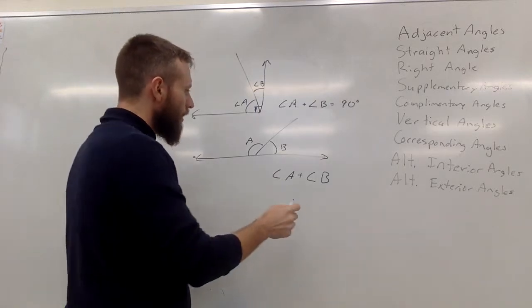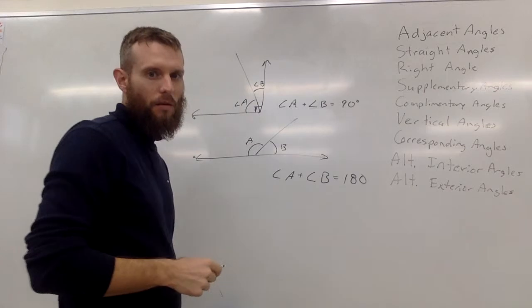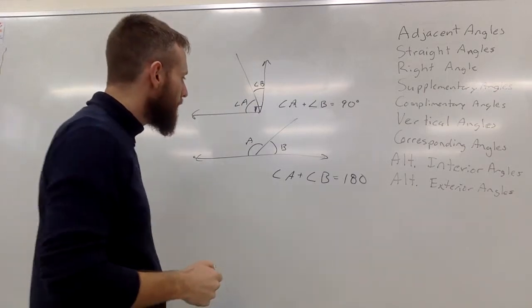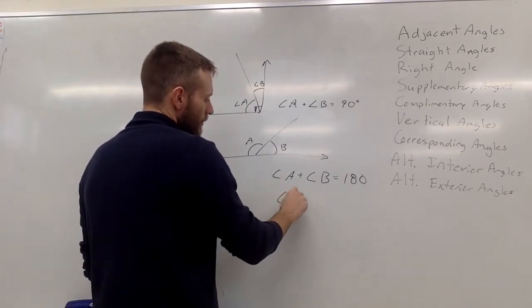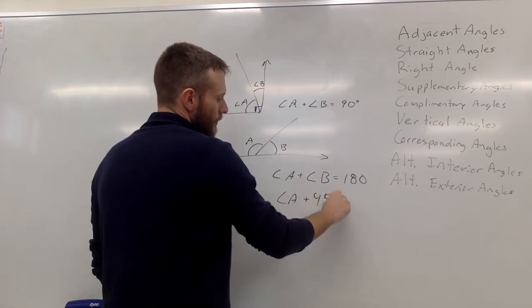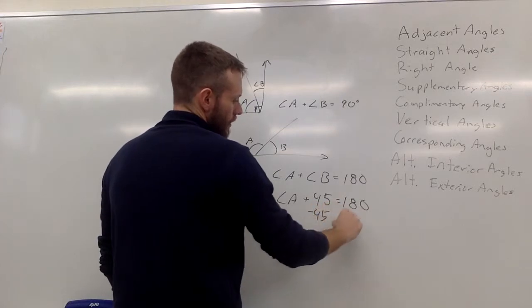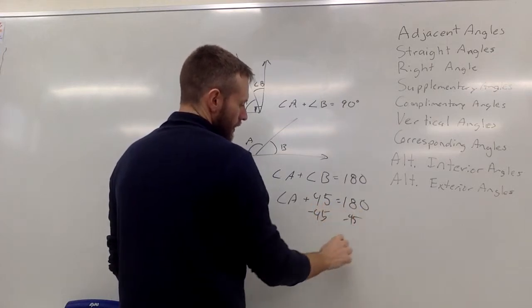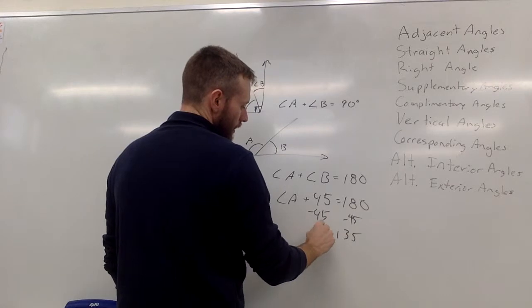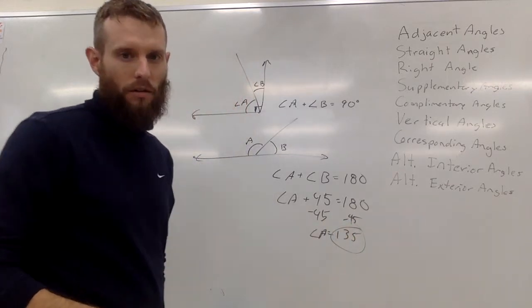So again, if angle B was 45 degrees this time, then angle A plus 45 degrees equals 180. Do the subtraction, and we find out that angle A equals 135 degrees, okay?